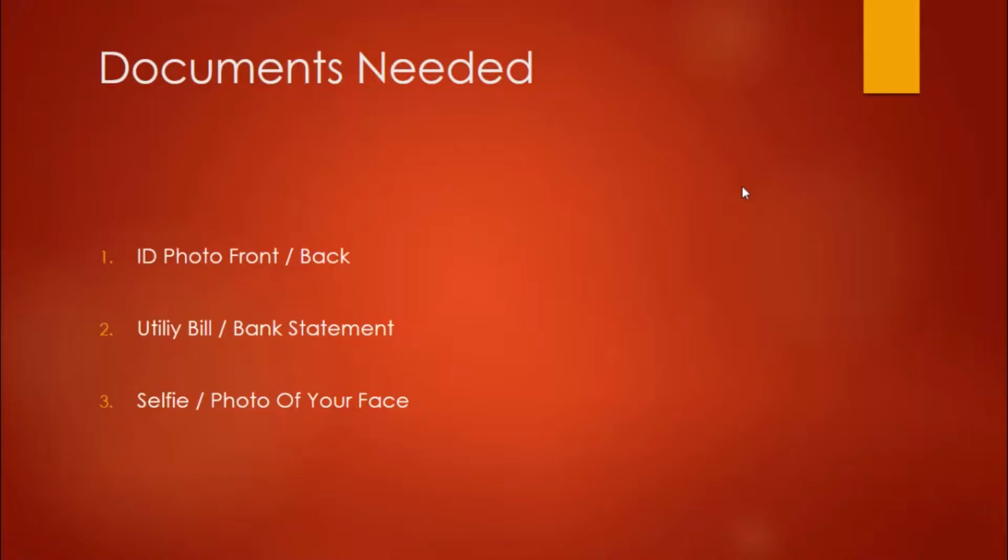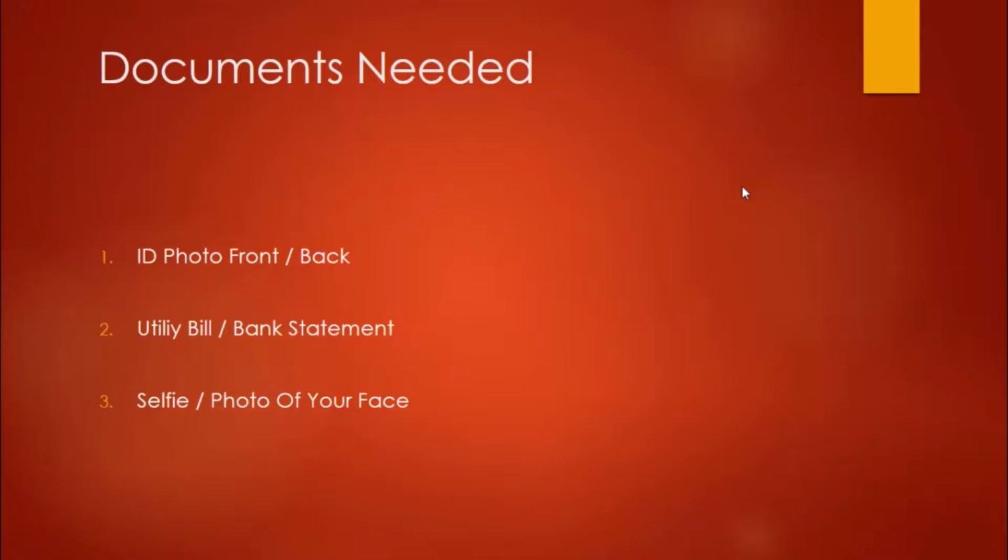In order for them to verify your account and give you permission to do different types of transactions, they will also require a couple of things from you. One of the first is a copy or a photo of your national identity card, a front photo and a back photo.